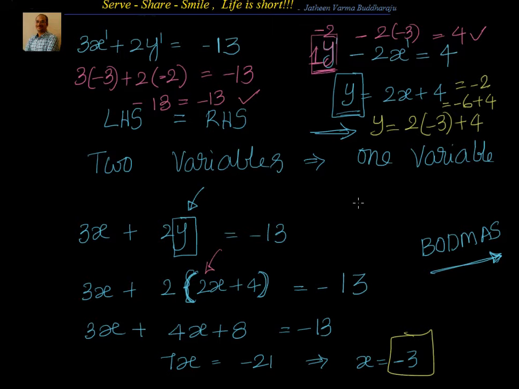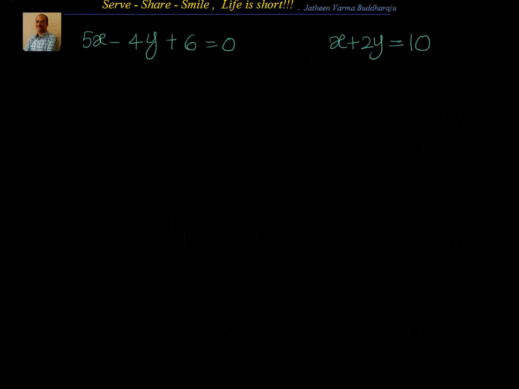Let's go and try one more problem. Let's look at this example. We have been given 5x minus 4y plus 6 equal to 0, and x plus 2y is equal to 10. We have to find out which variable is easy to express in terms of the other variable.